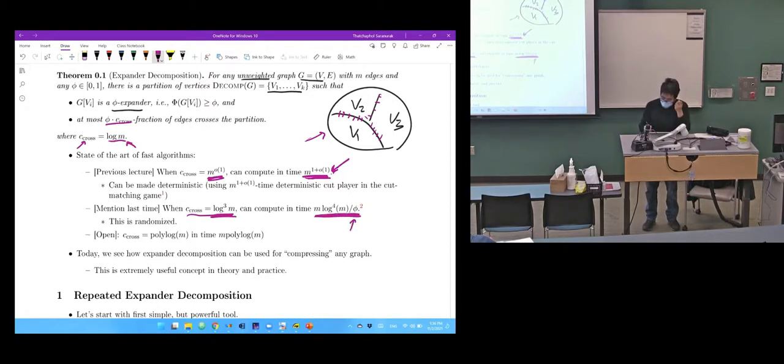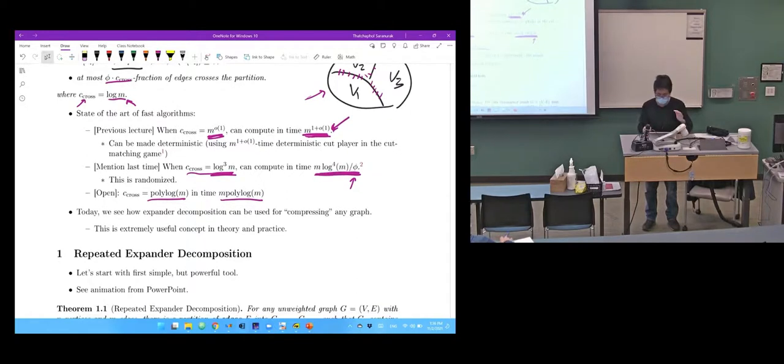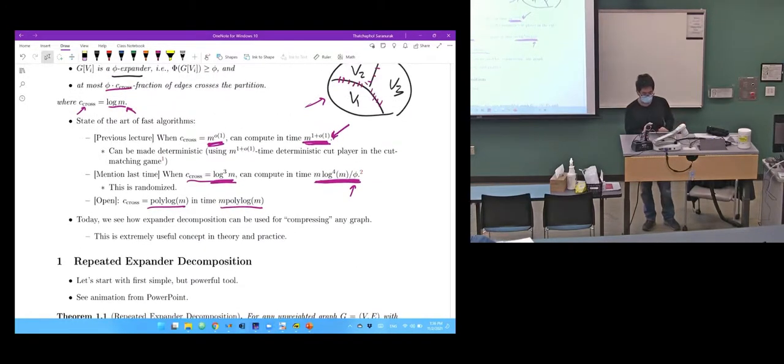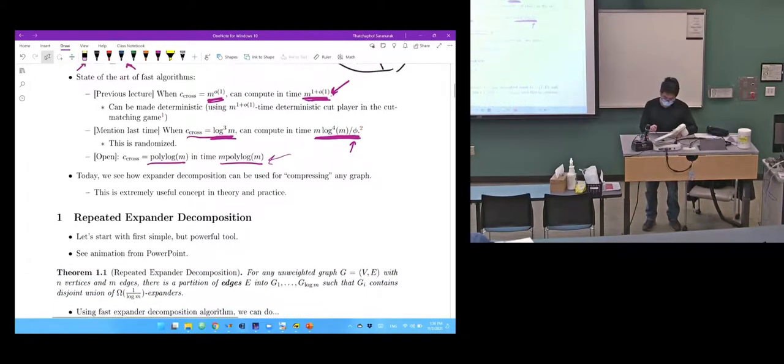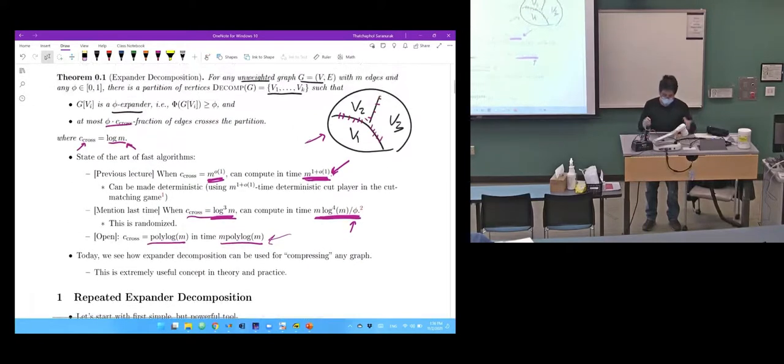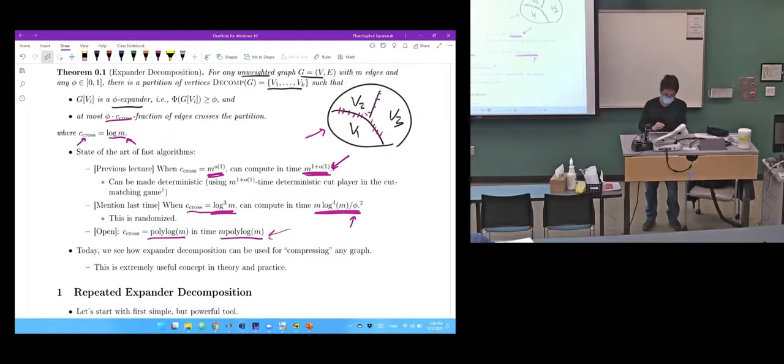So there is just some dependency on phi. And it's still open if you can get the factor here to be polylog and the running time to be m polylog too. I think I have some idea to do this, but yeah, it's still open. Okay, but that is just expander decomposition.